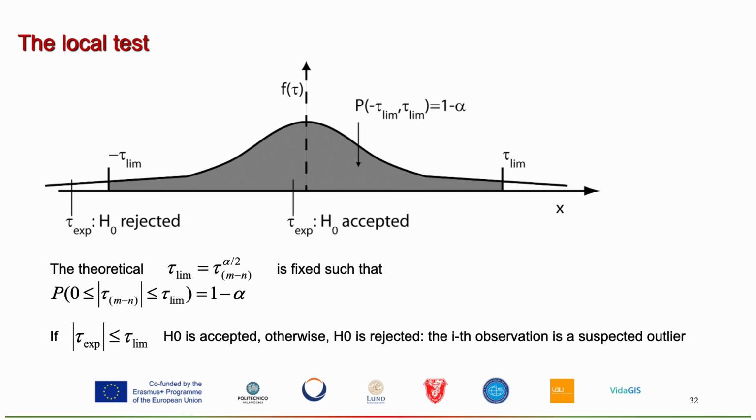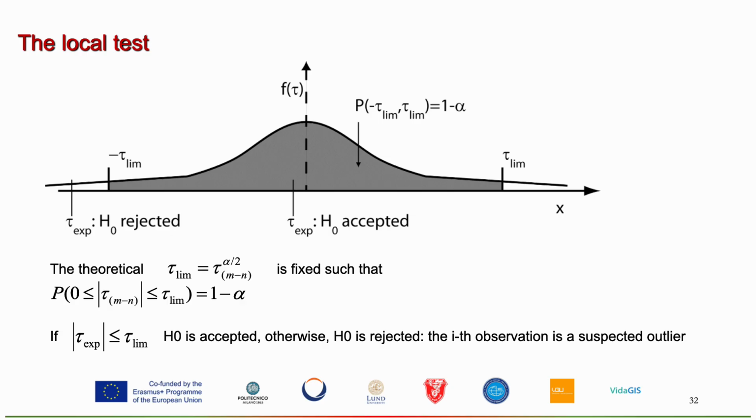You have to find a threshold value tau such that the probability that your empirical value of tau in modulus is comprised between 0 and the threshold value is equal to 1 minus the significance level. If the experimental value is comprised between these two limits, H0 is accepted.